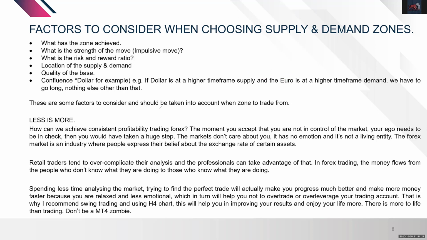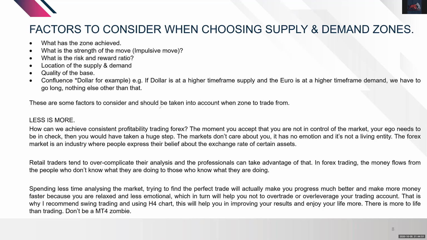You see, that's confluence. If dollar is weak, you are looking to be long on euro USD. You are looking to be long on the precious metal, which is gold. If dollar is weak, then you are looking for euro to be strong. That's confluence. Those two work hand in hand.